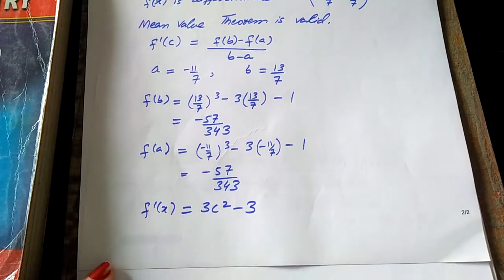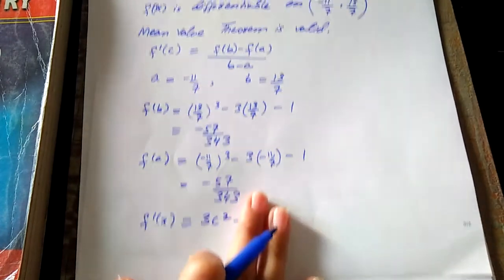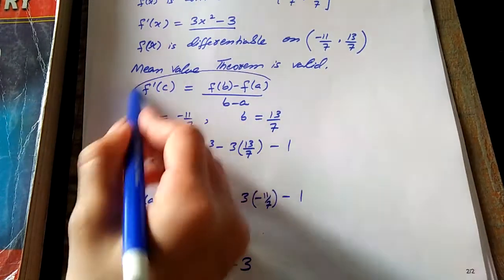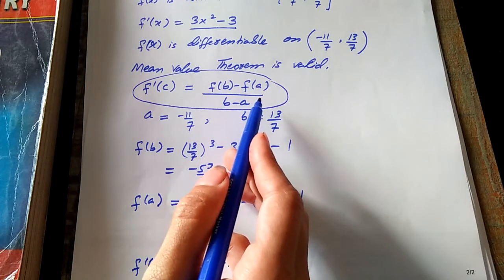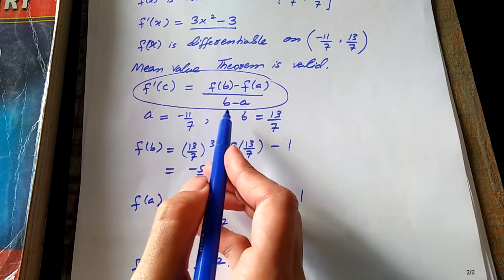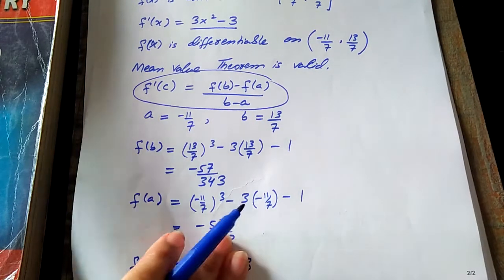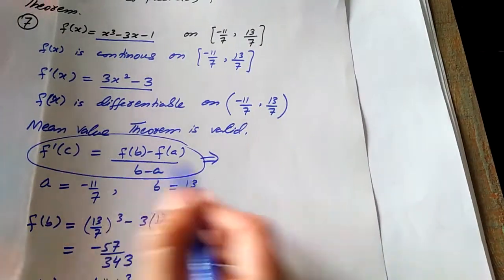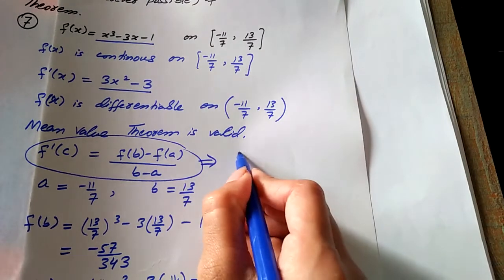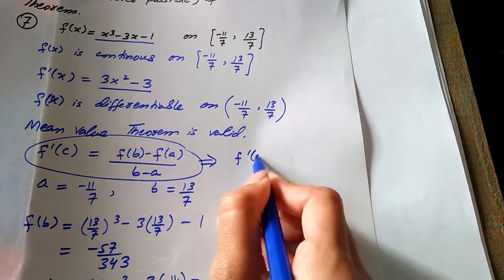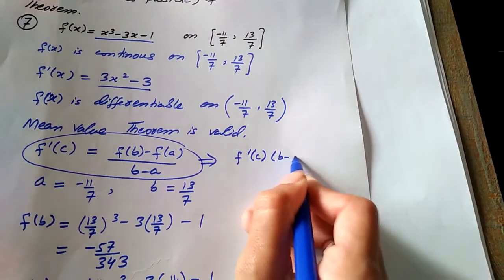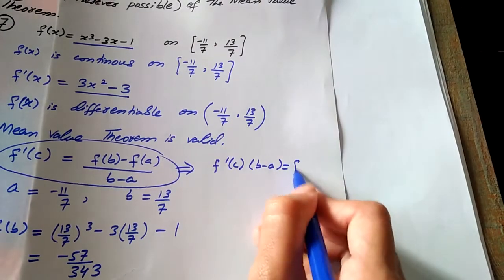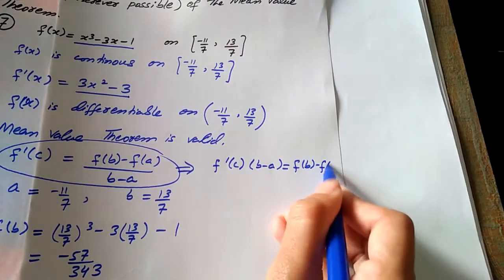Now use all these values in the formula f dash of c equals f of b minus f of a over b minus a. I can also rearrange it like a straight line equation so that it is easier to calculate: f dash of c into b minus a equals f of b minus f of a.